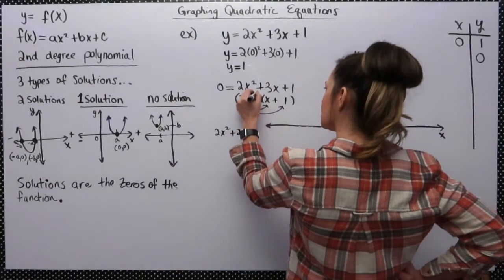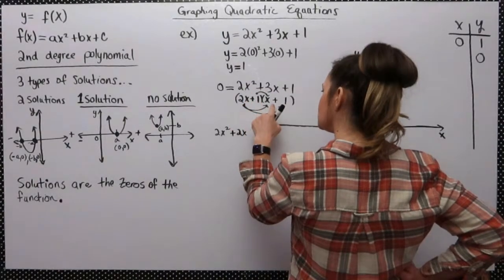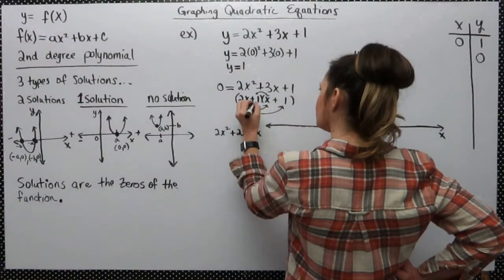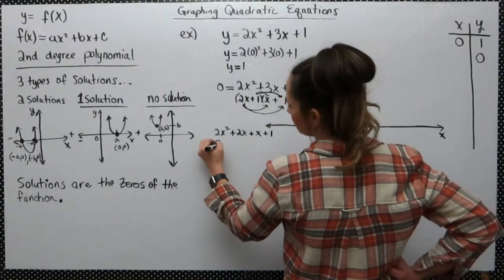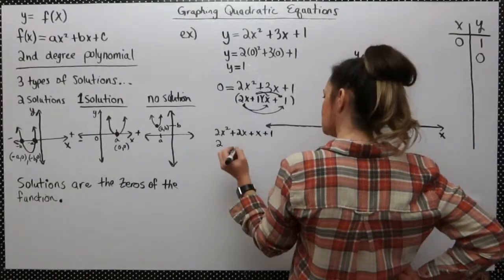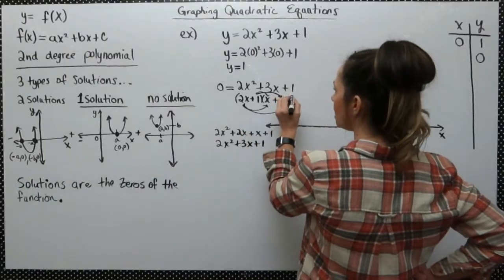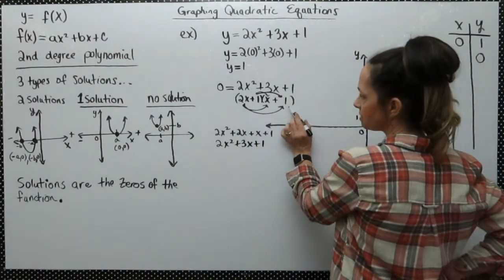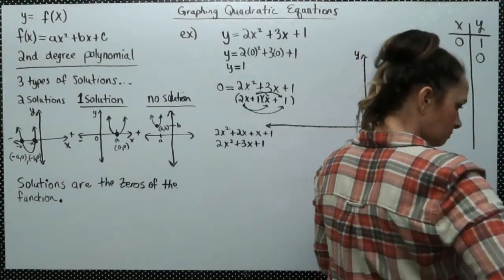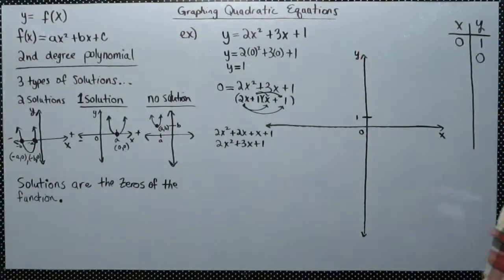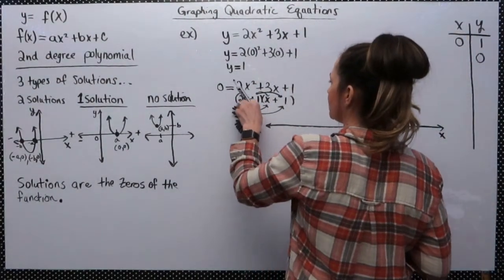Then you go to the second term: 1 times x is plus x, and 1 times 1 is plus 1. So when I simplify and combine like terms, I get 2x squared plus 3x plus 1. I was just checking to make sure that I found the factors correctly and get my polynomial back. And I did. Okay, so here are my factors.